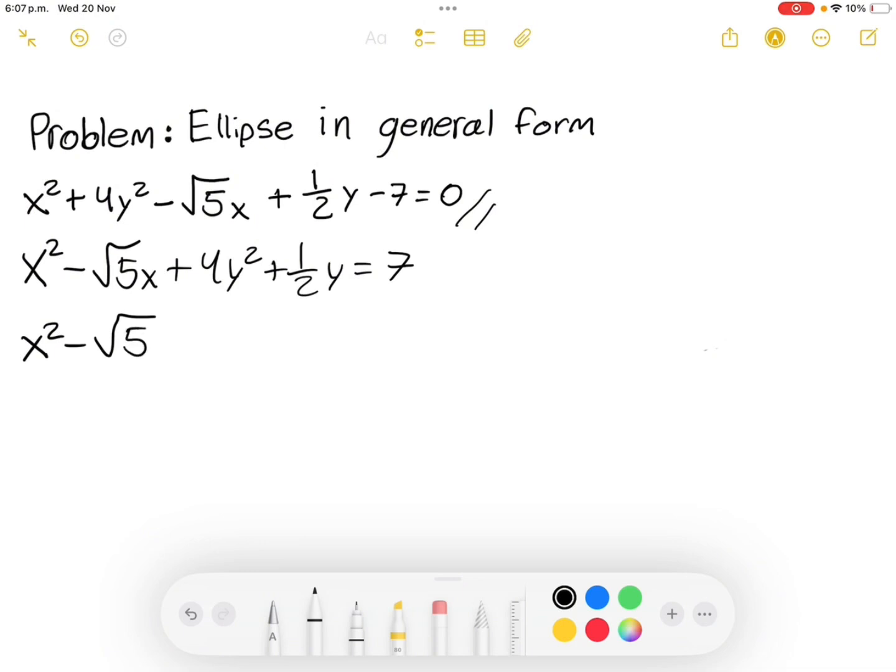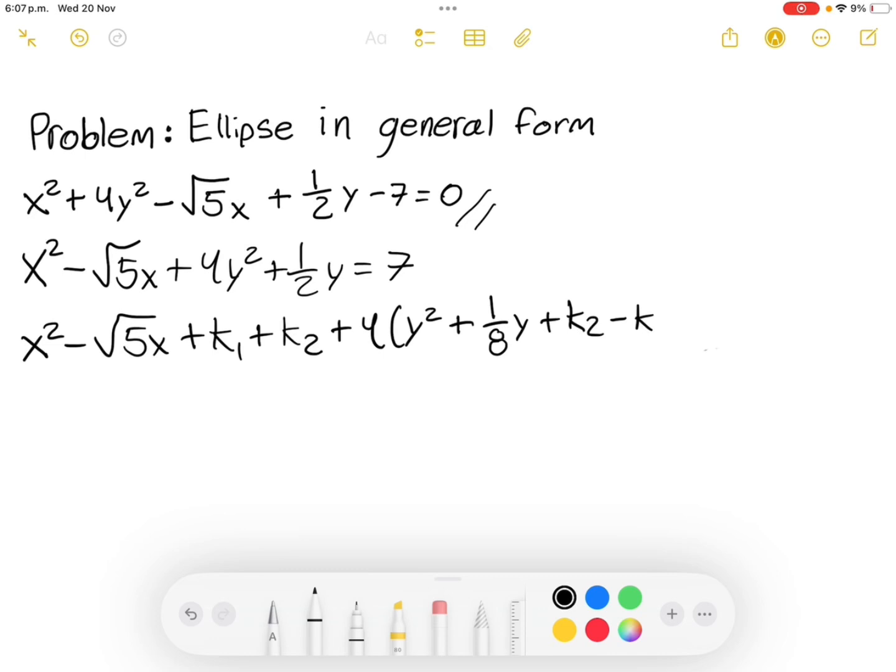So now we're going to complete the square, first with the x terms and then with the y terms. We have to add plus k1, plus k2, and for the j we're going to add plus k2 minus k2. So what is k1?